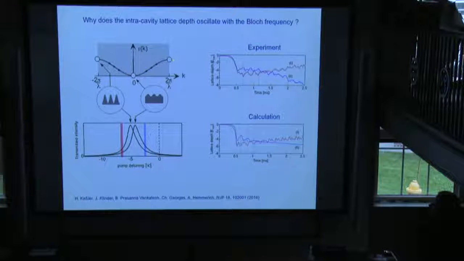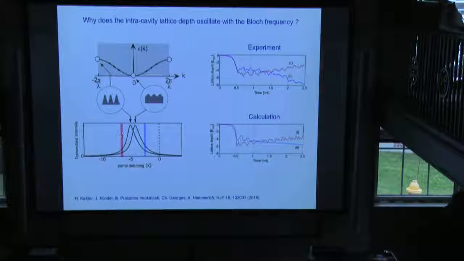If you're at the end of the Brillouin zone, that corresponds to the fact that this is where Bragg scattering occurs, right? And now you see that these different ways the Bloch function looks lead to different strengths in the coupling of the photons. So this density distribution obviously couples stronger than this density distribution, and because of that, the line profile of the cavity shifts as the atoms move through the Brillouin zone.